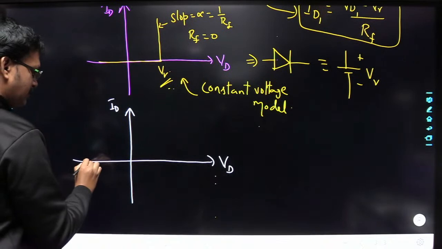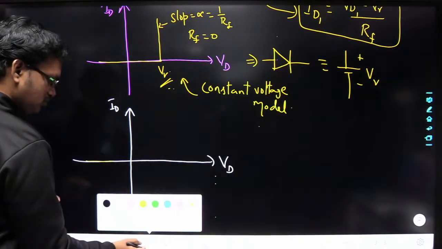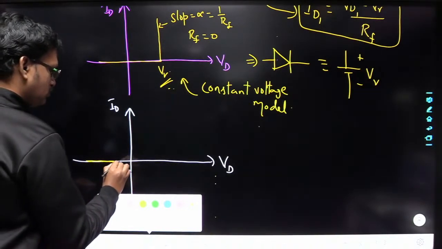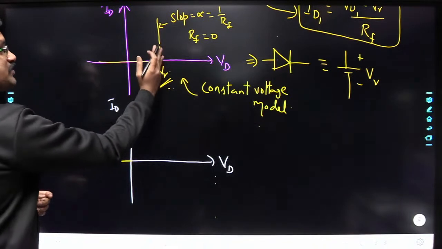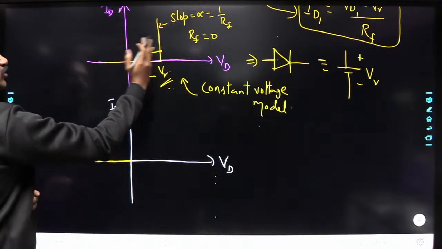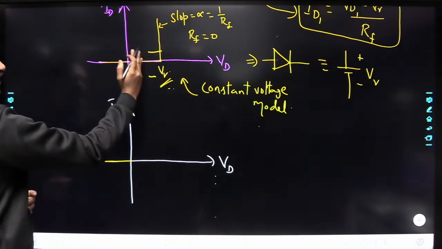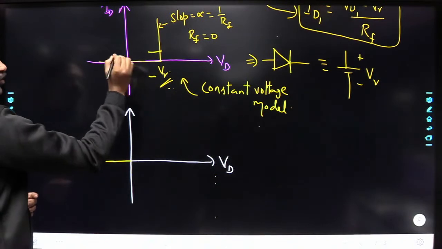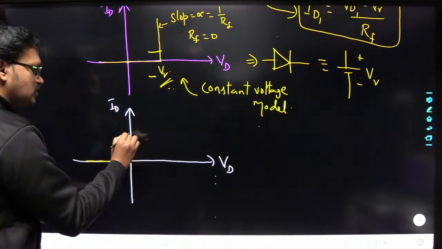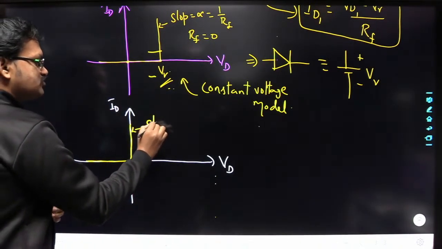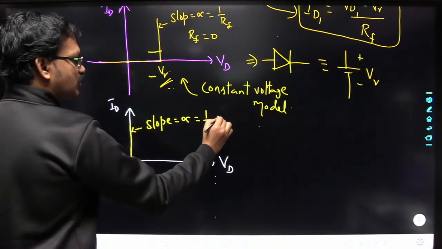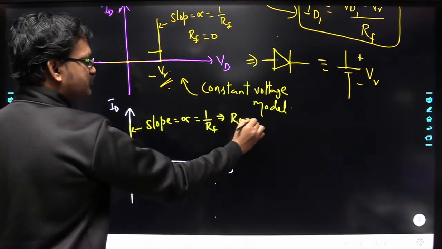So if I move this towards ID, then V gamma is decreasing, and if I move up to here, then V gamma will become 0, yes or no? Now for this curve the slope is still infinity, that is 1 by RF, which implies RF is equal to 0.